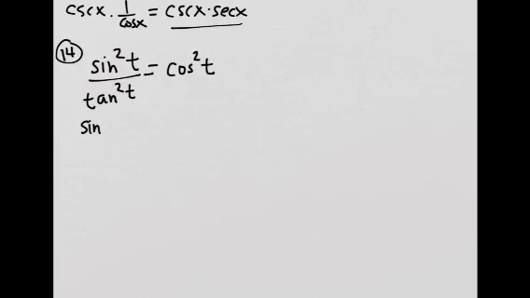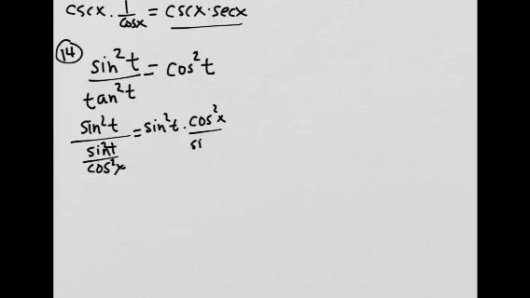So you have sine squared t over sine squared t over cosine squared t. And you know that when you divide by a fraction, you're actually multiplying by its reciprocal, right? So this becomes cosine squared t over sine squared t. So sine squared over sine squared is 1. The answer is cosine squared, which is what you, oops, I switched it over to x. It should be a t.